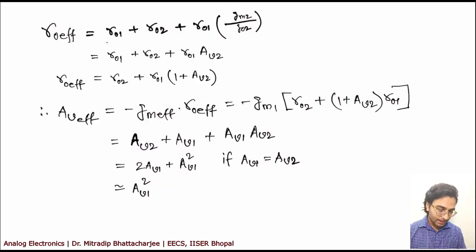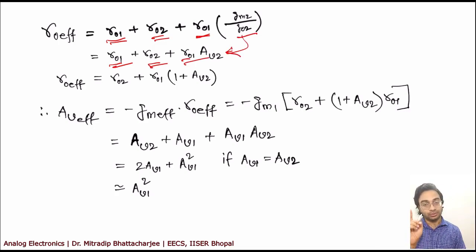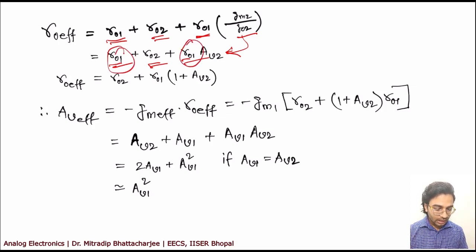So your resistances are R01, R02, R01, and finally your AV2, gain for the MOSFET 2. If you take R01 common, so your R01 is 1 plus AV2. Now what is your effective gain in here? Your effective gain in here would be minus Gm effective R0 effective, right? This is the expression of a gain.